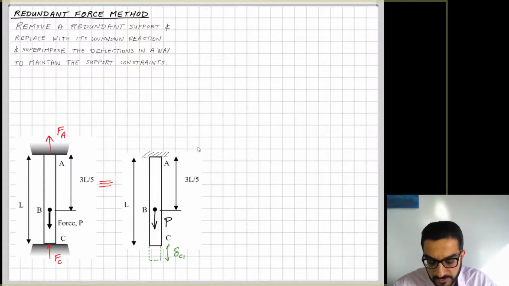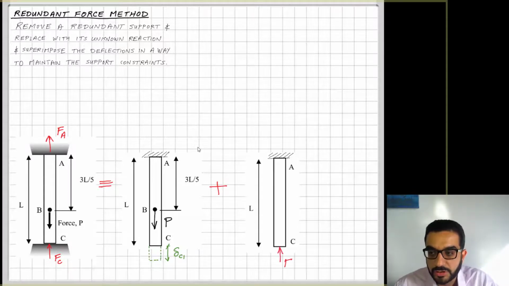I will consider another system, of that relaxed rod or column, but now instead of having the original load P, I will remove that and focus on getting back to the original version of that member, by putting back a force at point C equal to the unknown redundant reaction that I took from the original case.